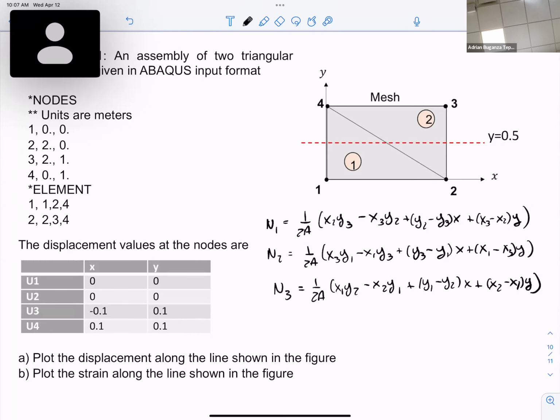All you need to do is use the shape functions.